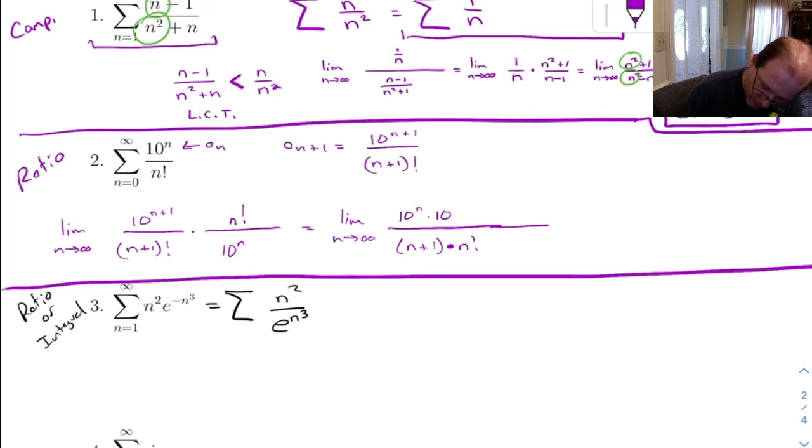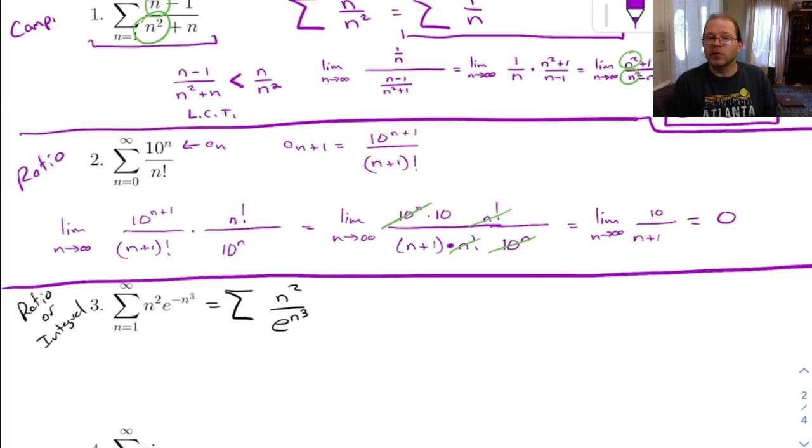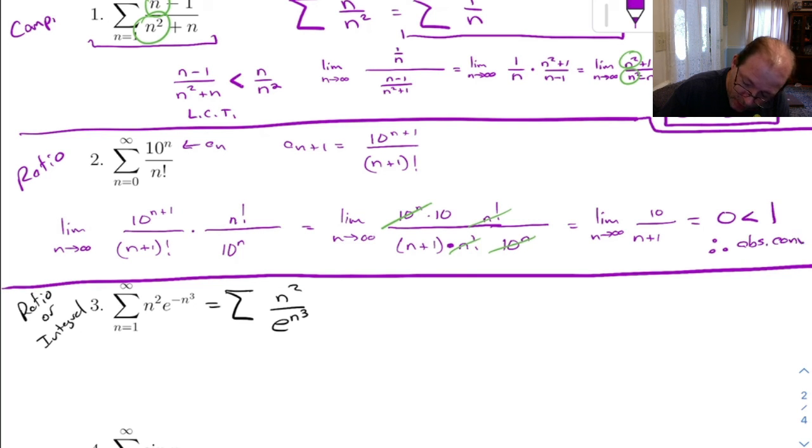And up top I've got n factorial, and then I've got 10 to the n down here. So this cancels with that, this cancels with that, and I'm left with the limit as n goes to infinity of, on top, 10, and on bottom, n plus 1. That goes to 0. And then we have to think, what does that mean in terms of the ratio test? Getting a limit of 0, that's less than 1. Therefore, this series is absolutely convergent. And that's our answer.